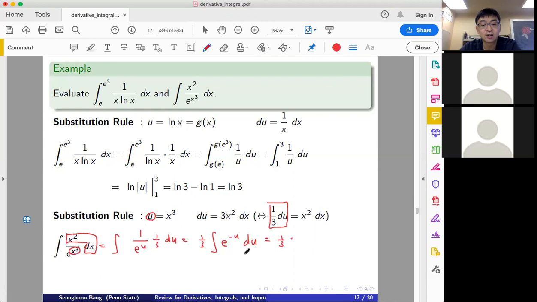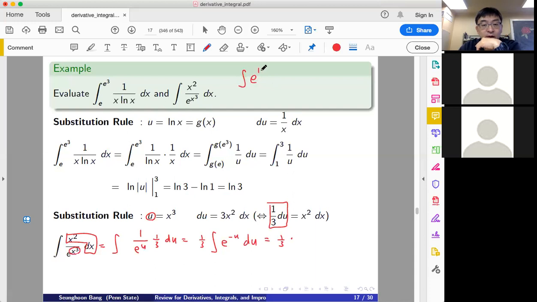Do you know what the integral of e to the negative u is? Yep, e to the negative u times minus 1. Because, do you know this one?